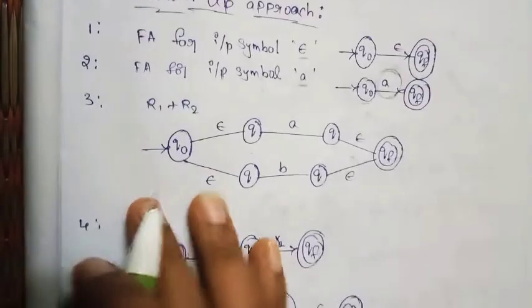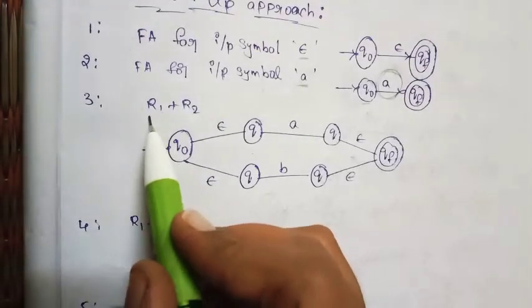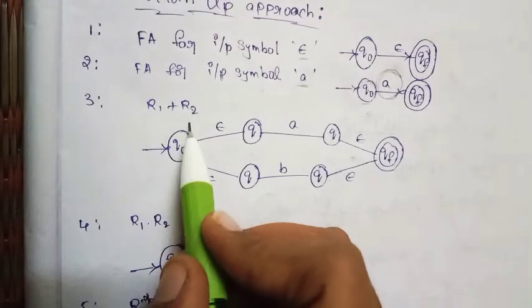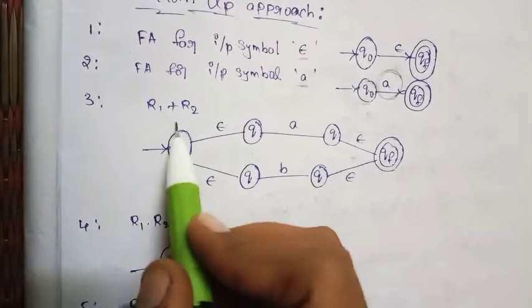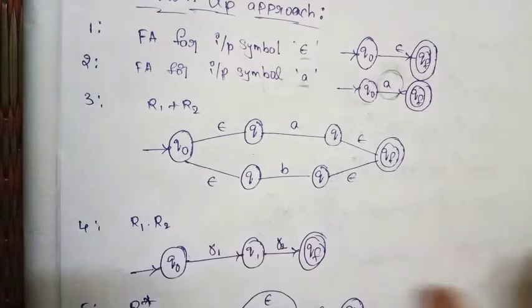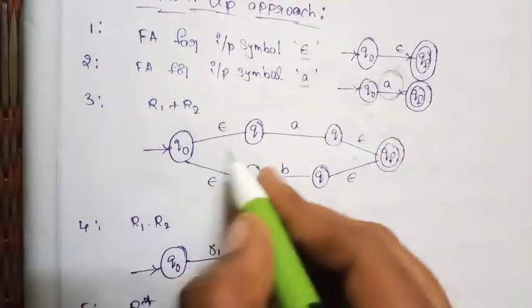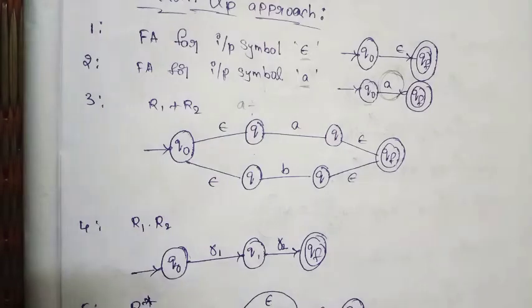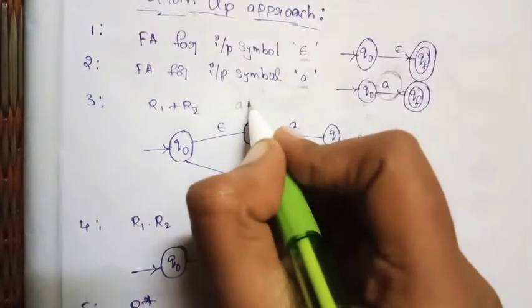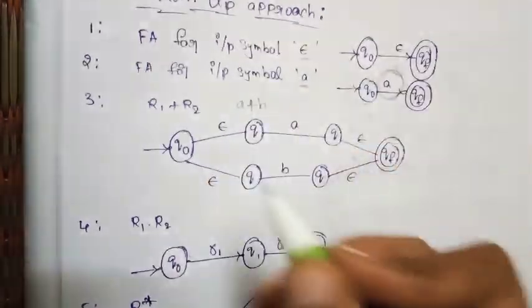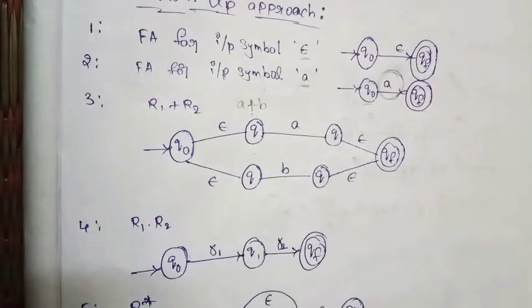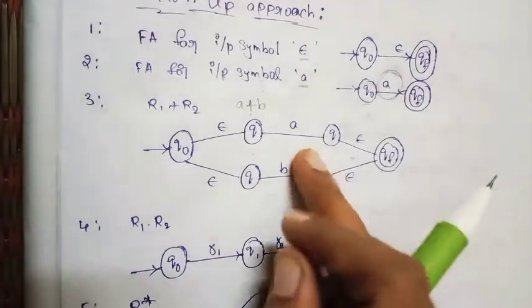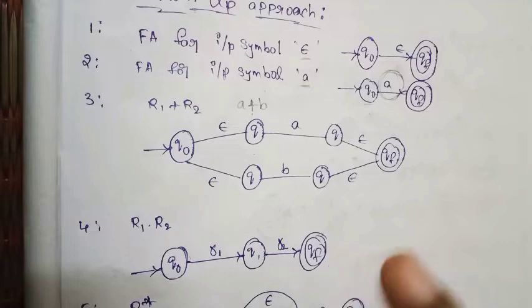If you have the input in the form of r1 plus r2, for example take a plus b in place of r1 plus r2. First of all, just write that a plus b the way we write it in the top down approach.